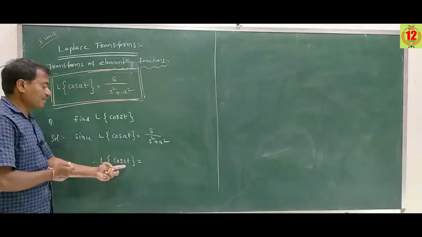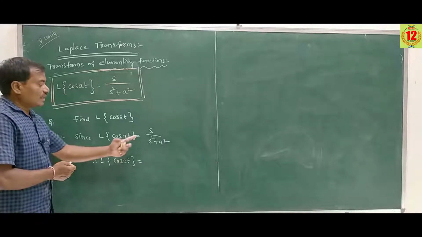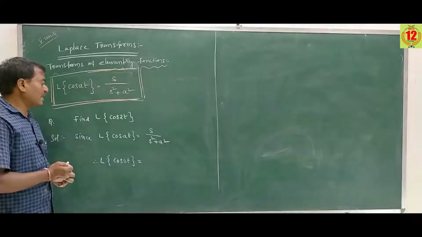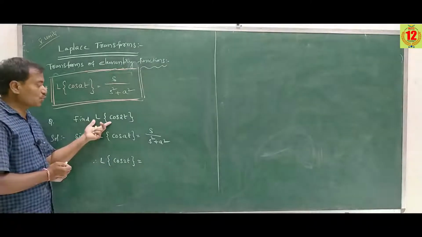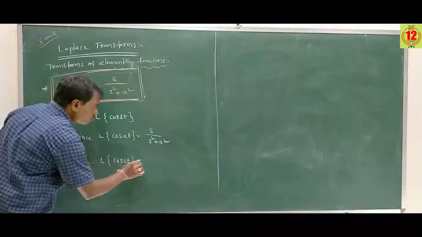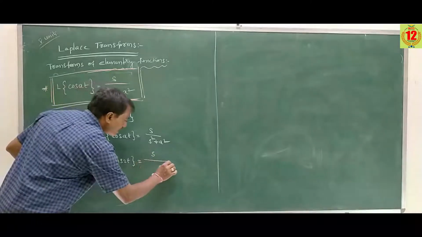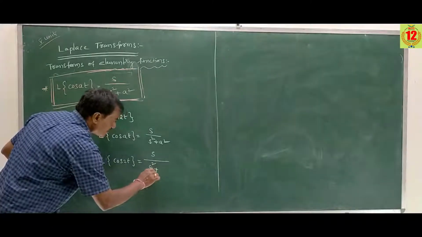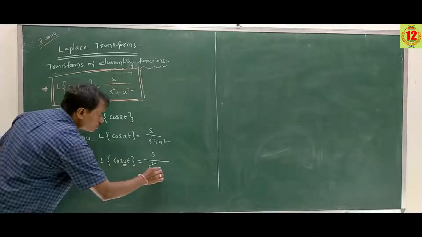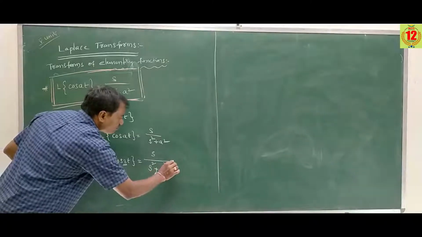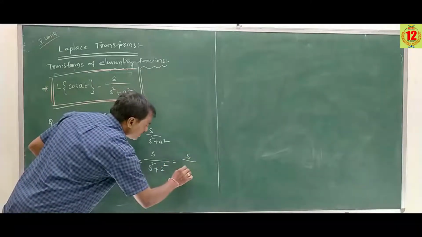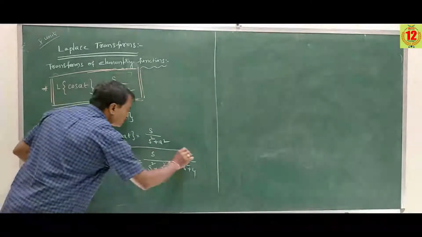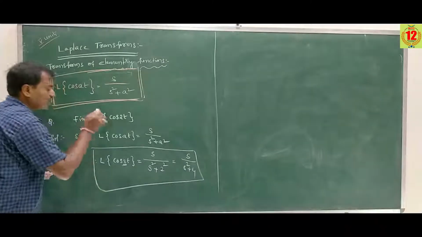A equal to 2. In the right hand side this a is replaced by 2. The s is a parameter, so we write it as it is. But a equal to 2, so we replace a with 2. Therefore this is equal to s by s square plus 4. This is the Laplace transform of the given function cos 2t.